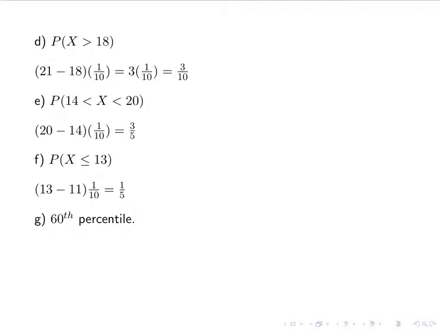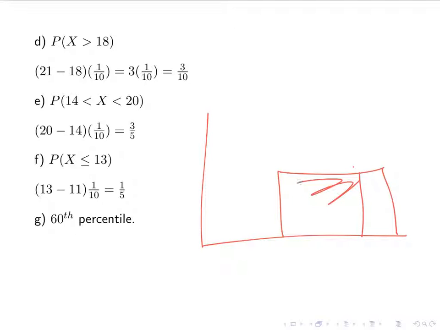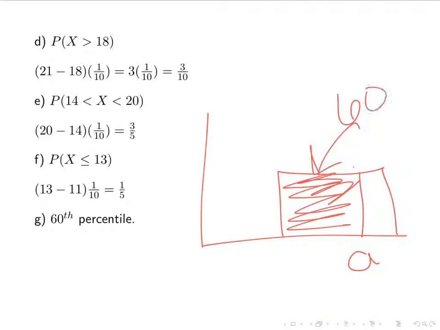The last problem for this example is to find the 60th percentile. So remember, 60th percentile means that the area at some point, I'll call it A, and below is 60%. So the width of my rectangle is A minus 11. The height, remember, is still 1/10.